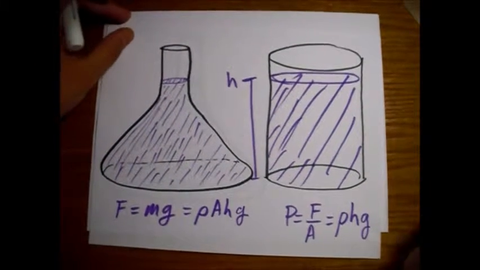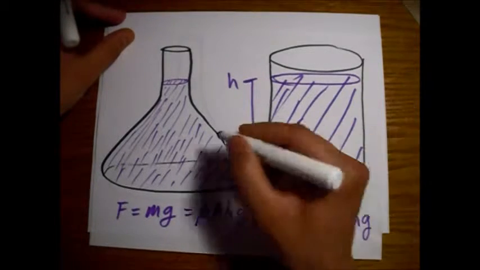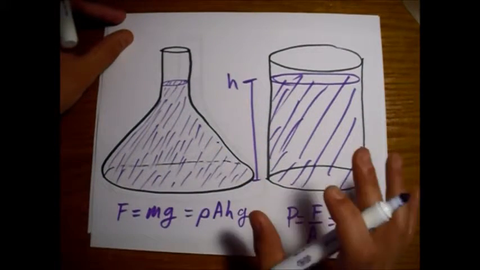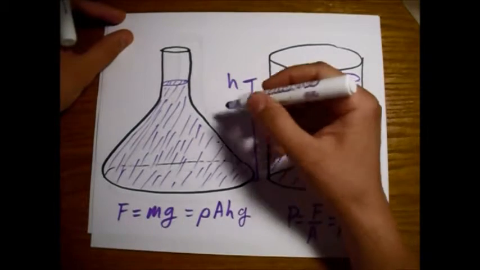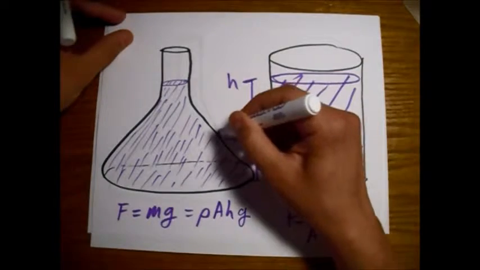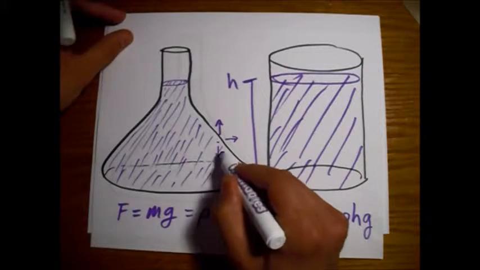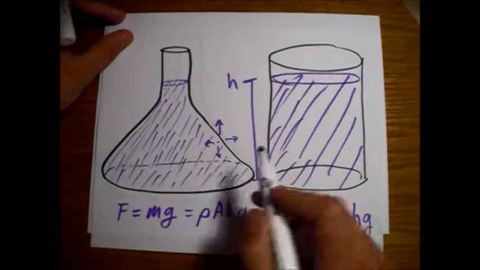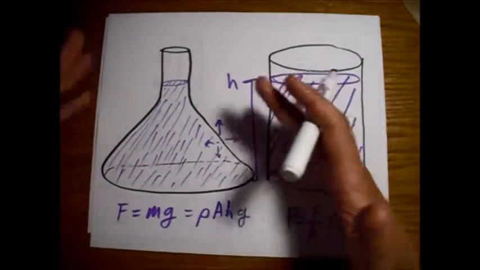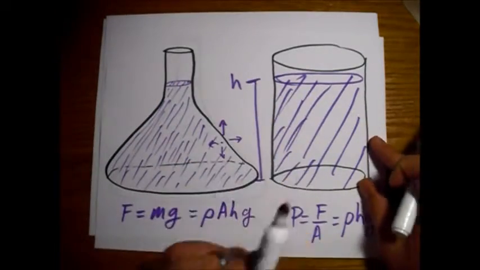And the reason it's not true is, if we look at, say, a point right here, pressure at this point is exerted in all directions. So if we divide it up this way, there's an outward component and an upward component, as well as a downward and inward one. It's exerting force outward on this flask, which this cylinder does too.